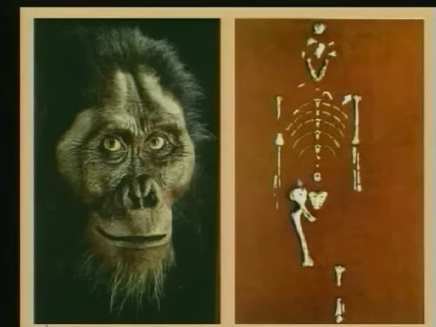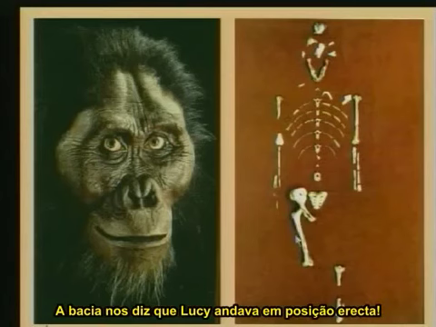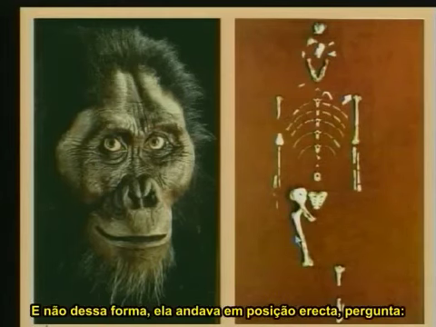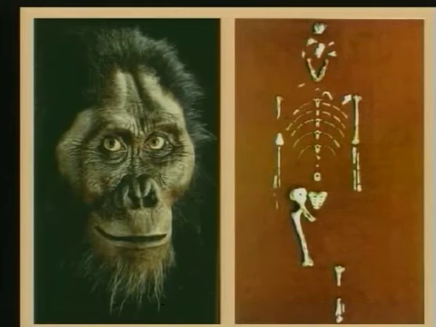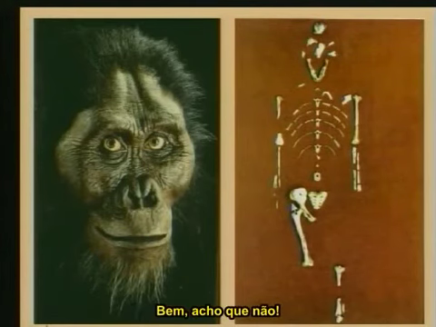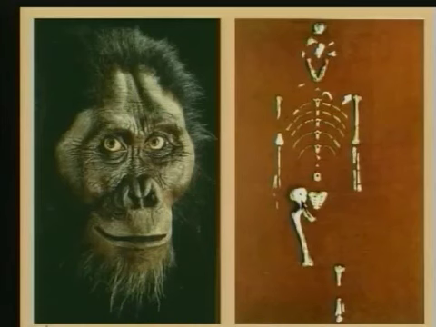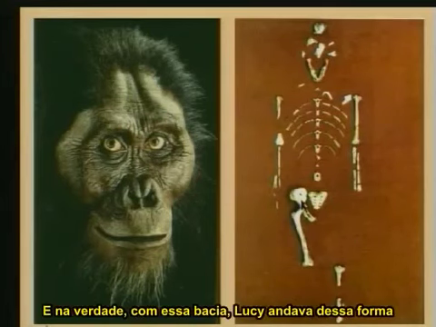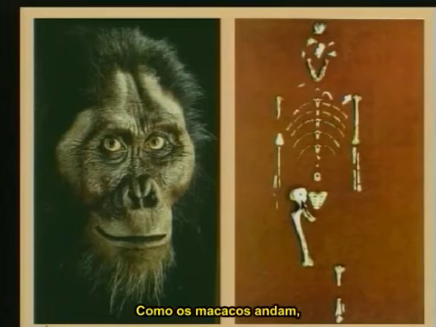Now there's the hip. The hip, he says, is such that Lucy walked upright and not like this. She walked upright. Question. Is it with this hip that she walked upright? Well, not quite. You see, this hip is 100% ape. In fact, with that hip, Lucy walked like this, like apes do.